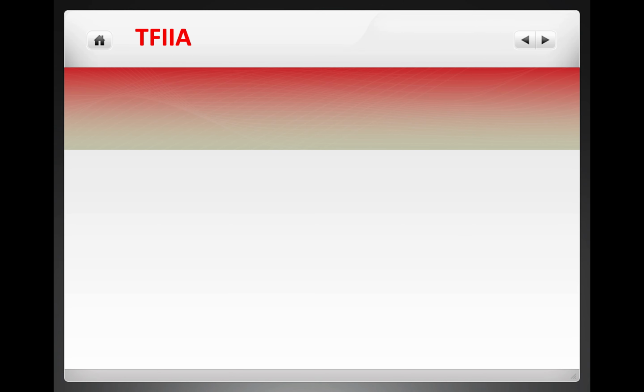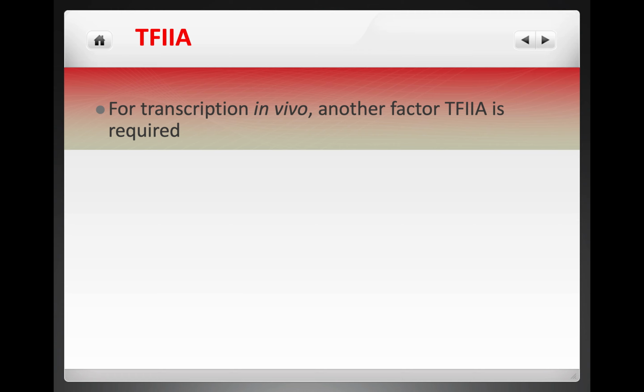Now, the last transcription factor, I put TF2A. You may be wondering why TF2A is last, because by right it should come after 2B. For transcription in vivo, another transcription factor, TF2A, is required.